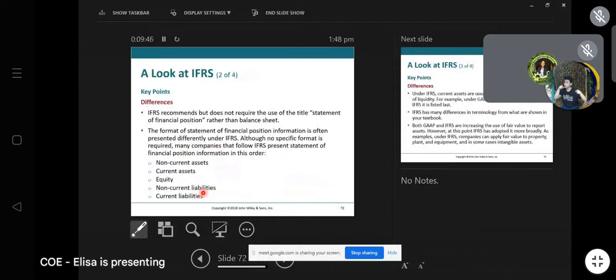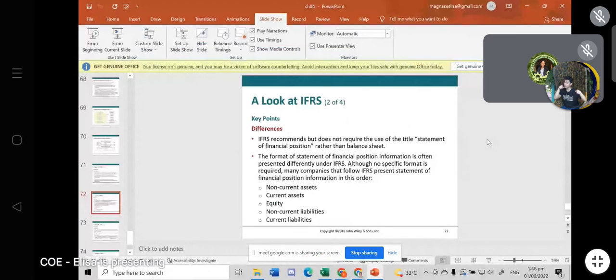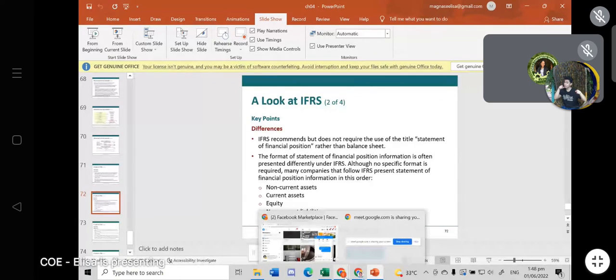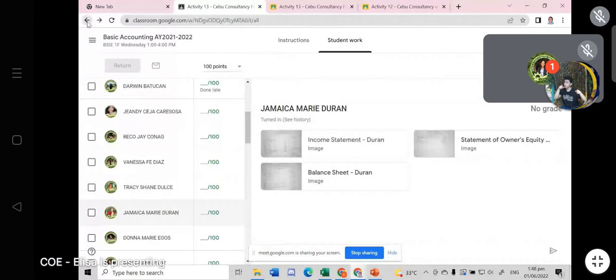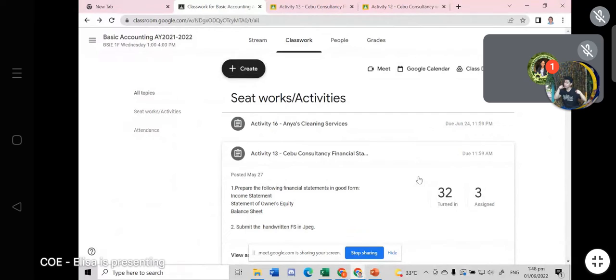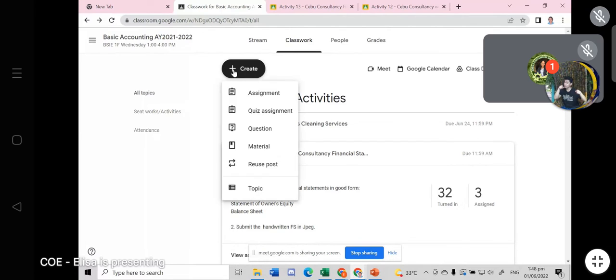Okay, so with that, we are done with chapter 4. At this point, I would like to post an activity. No more questions, so I will post activities 14 and 15.